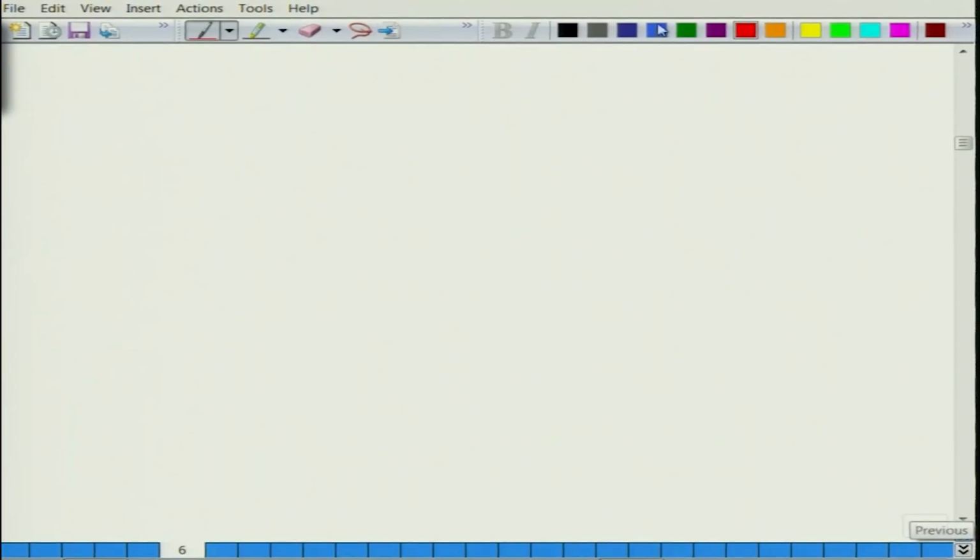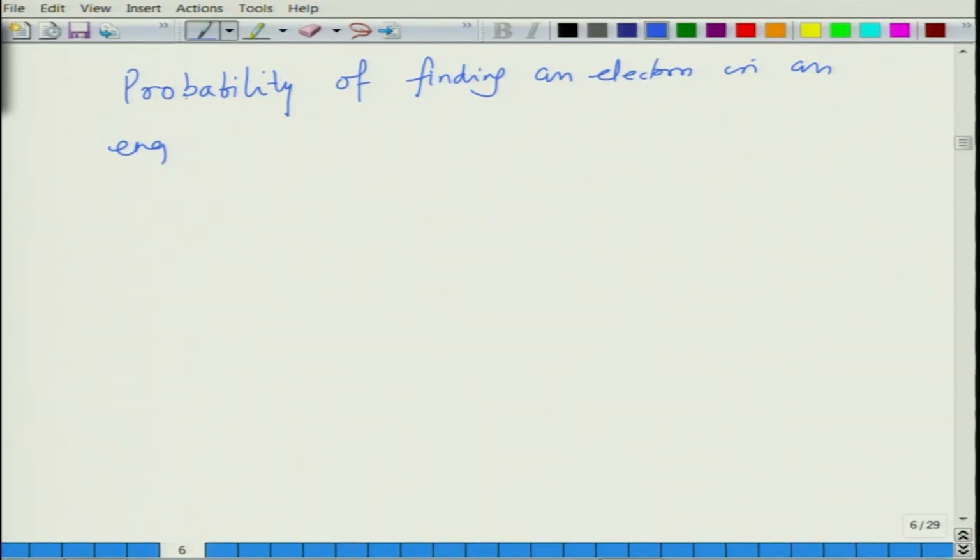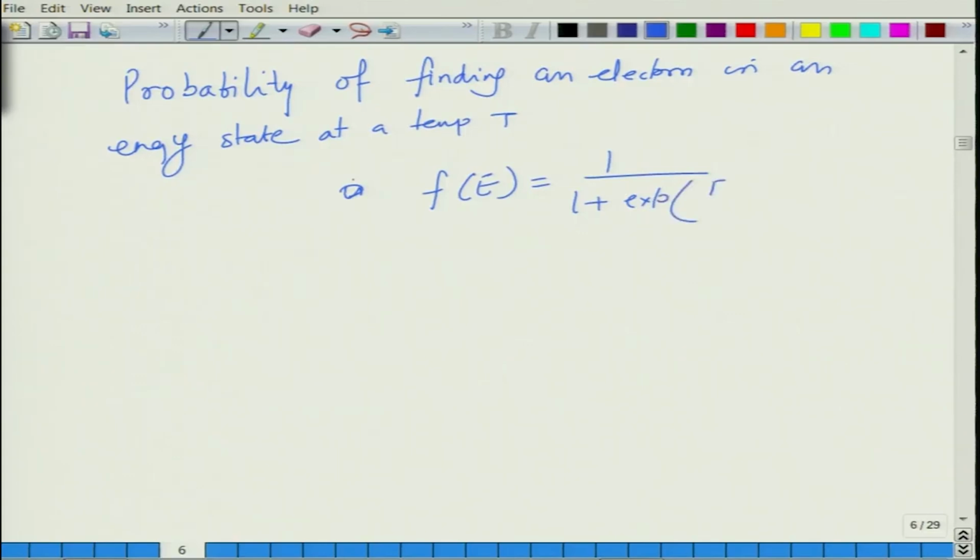This dependence of the probability of finding an electron in an energy state at a temperature T is given as Fe equal to 1 over 1 plus exponential of (E minus Ef) divided by kT. This is called Fermi-Dirac statistics.